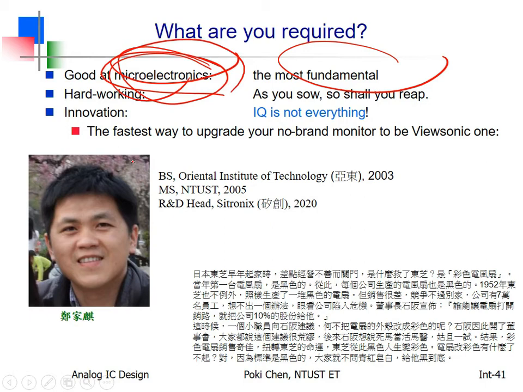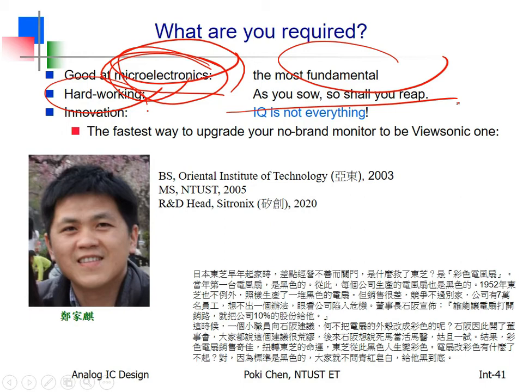So how can you survive? No, how can you be more outstanding than the others? Hardworking. Just like this, as you sow, so shall you reap. 要怎么收获就怎么栽。Anyway, hardworking means the most.